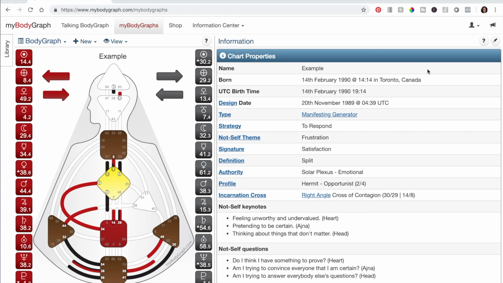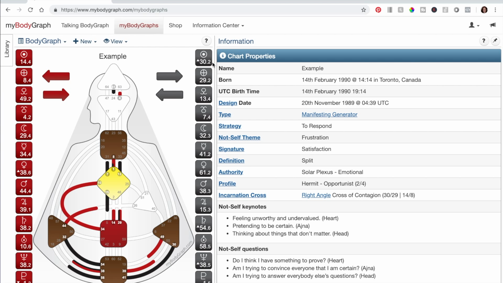Okay, so the last part is the profile. The profile is about the theme of how you learn and how you will travel on your life path. So this profile is a 2-4 or the Hermit Opportunist. You'll see that it comes from your suns. So the first part is going to be from the conscious. So this is the part that you are consciously aware of. And then this is the subconscious part.